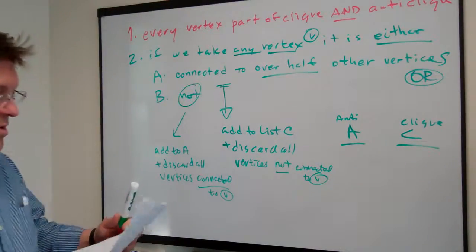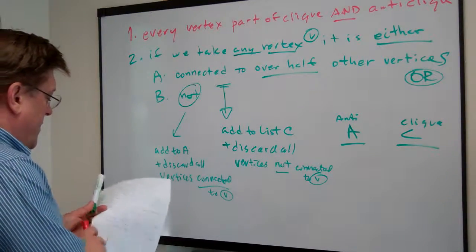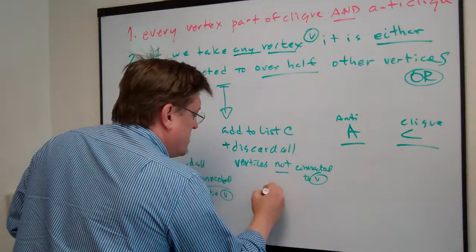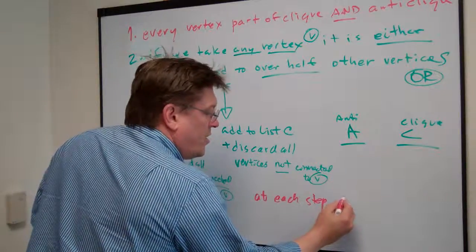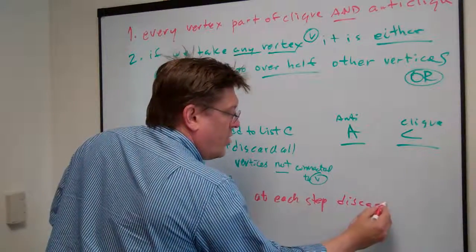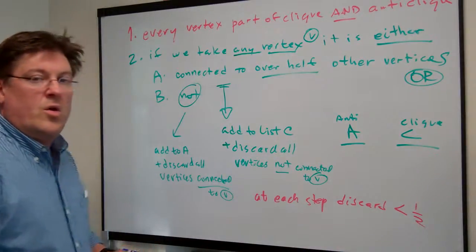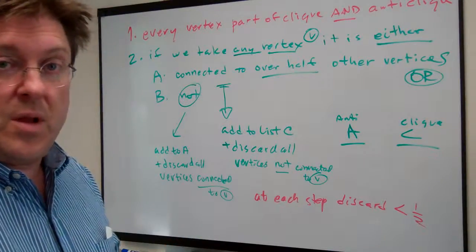So what that's going to do is, at each step, you discard less than half of the remaining nodes. So that goes back to that discussion we were having about log base 2.